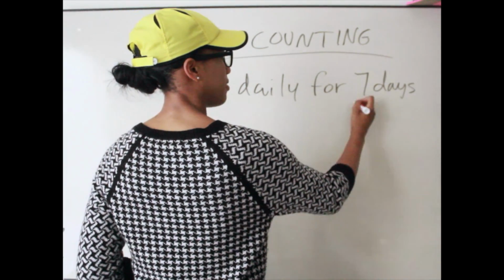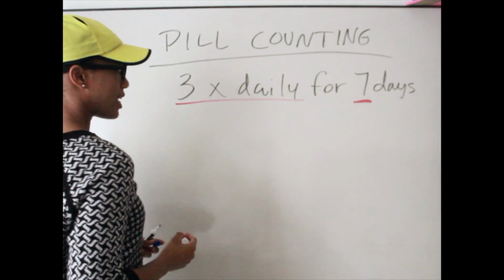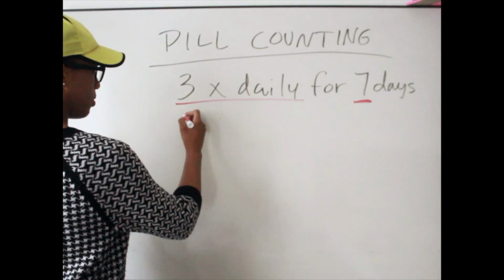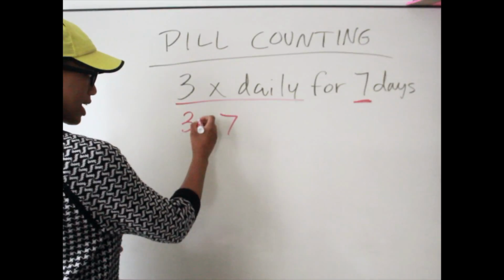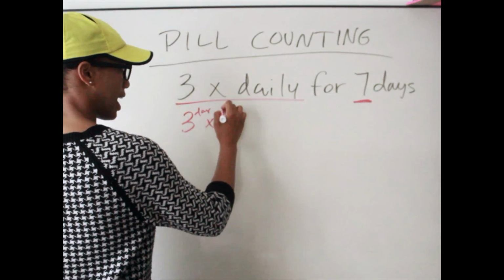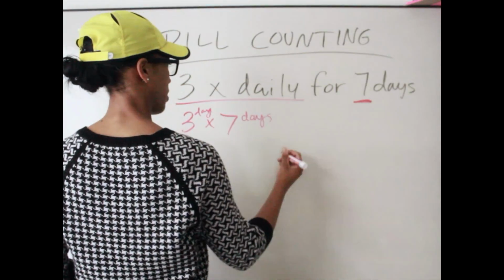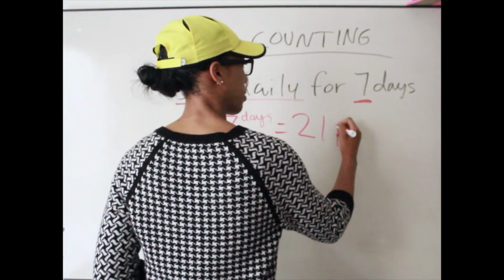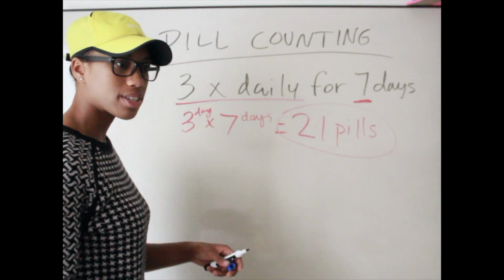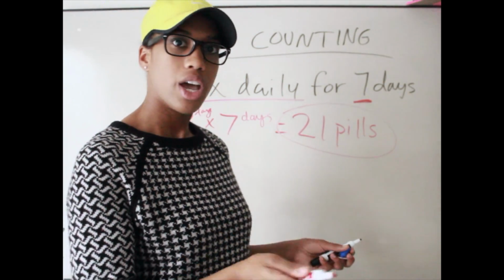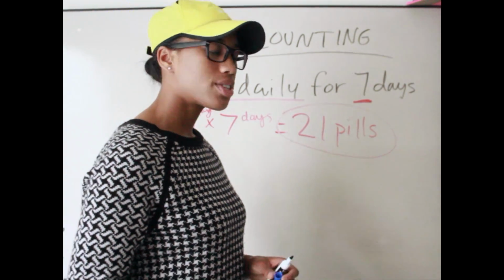We got 7 days and 3 times daily. So 3 times 7, because we got 3 a day, but we also have 7 days, equals 21 pills. Okay? So that's the total count. So basically, you would take the little spatula thing and just count out the 21 pills, pop them in the bottle, seal it, give it to the pharmacist to check off.